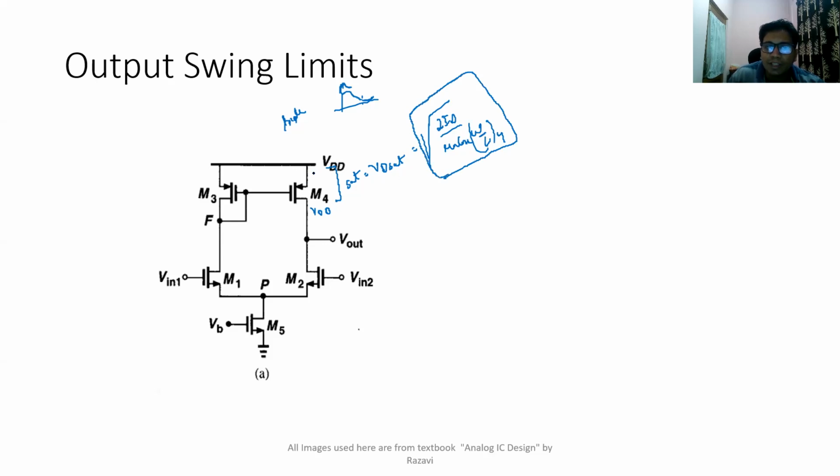So you should maintain this much difference across VD sat such that it doesn't go into triode region and doesn't distort the output waveform, in other words, such that it remains in saturation.